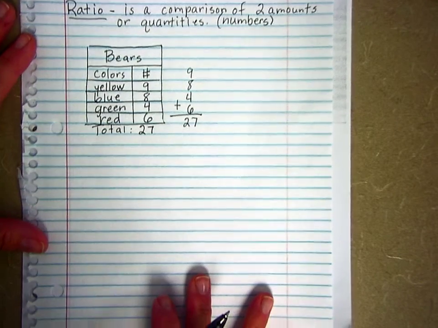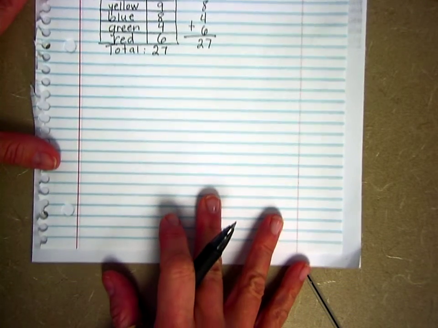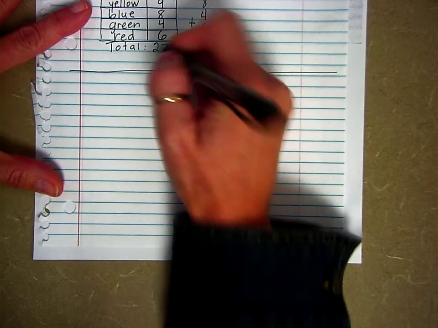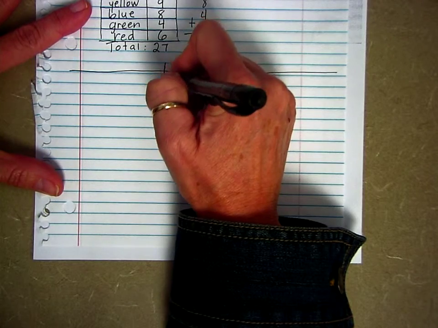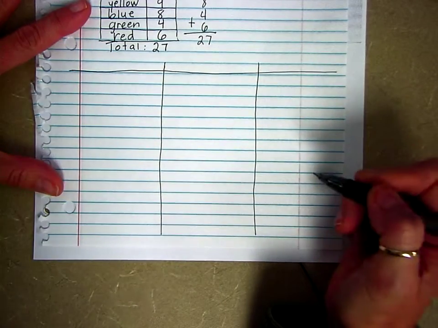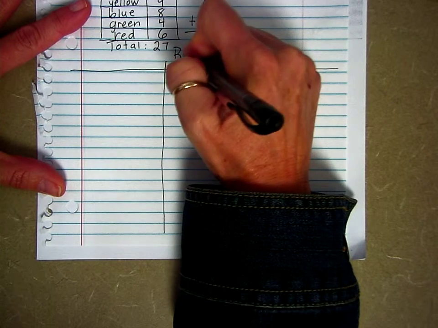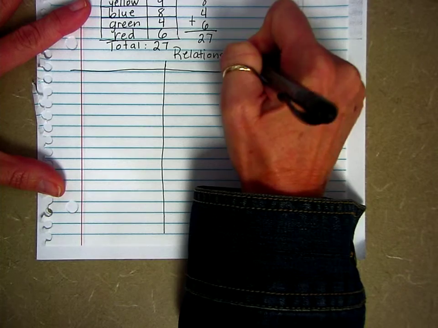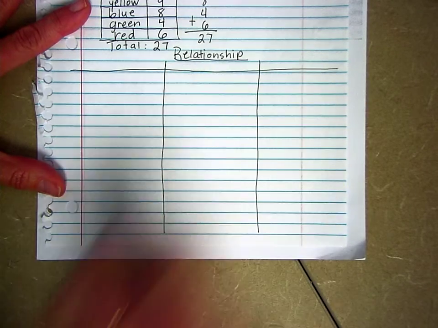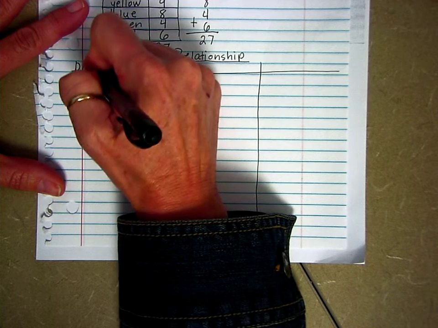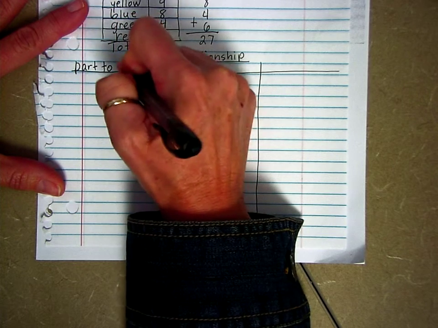Okay, we're going to talk about the relationship when it comes to ratio. So draw this table. We're talking about relationship. The 3 relationships are called part to whole.